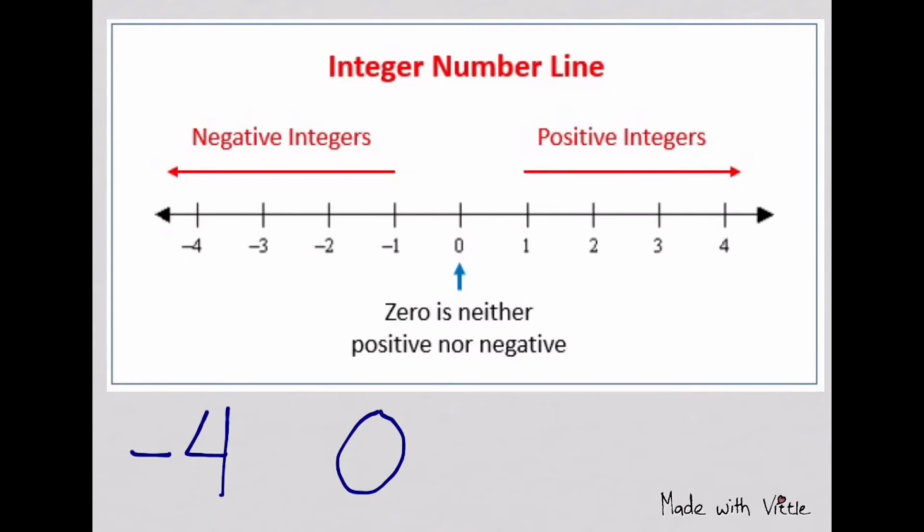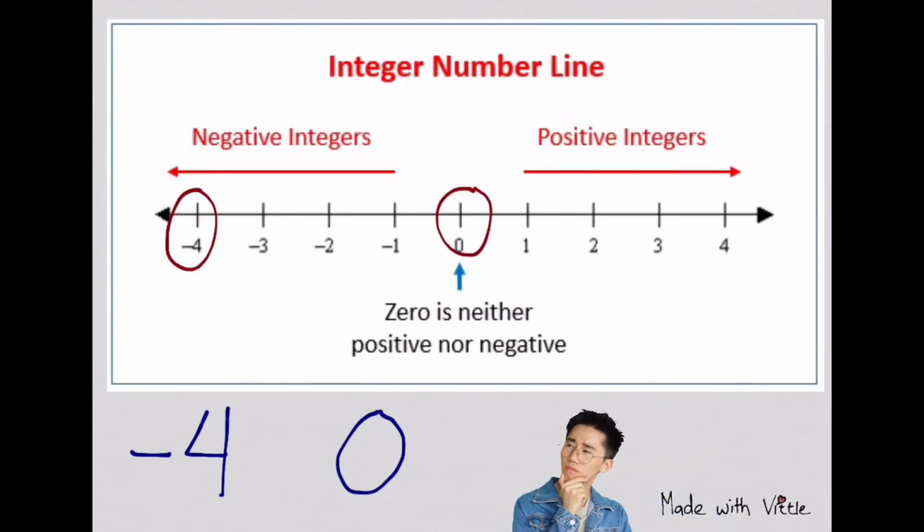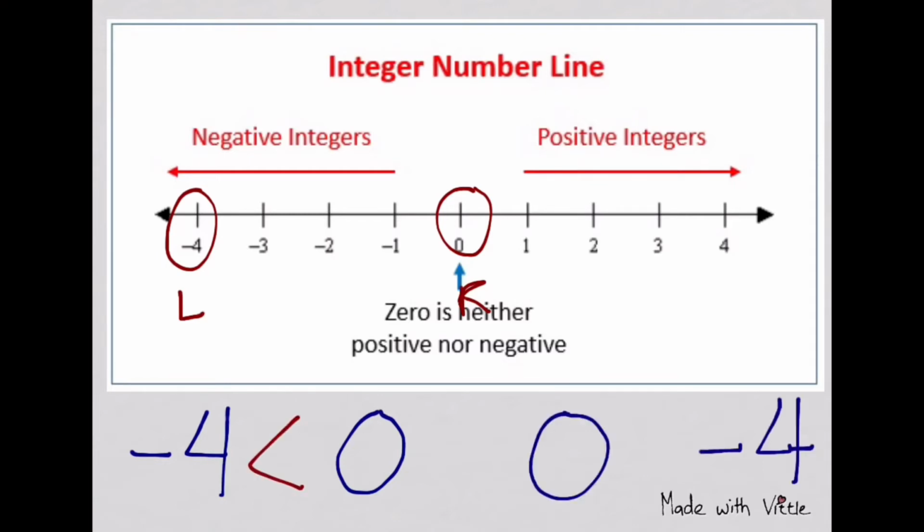Let's compare another pair of integers. Let's say -4 compared to a 0. Which one is bigger? Which one is smaller? Looking at your number line, you know which one is on the left side and which one to the right. So now you know that the one on the left side is always smaller. So negative 4 is less than a 0, which also means that if negative 4 is less than a 0, the 0 is greater than the negative 4 because it's closer to the positive number.